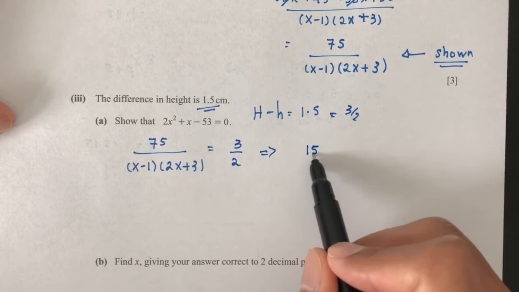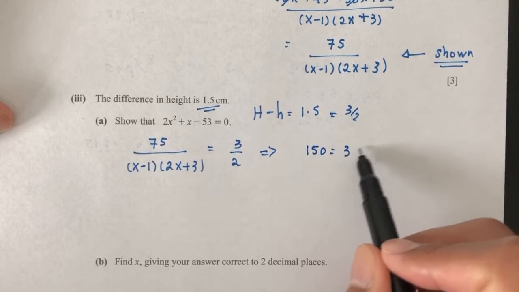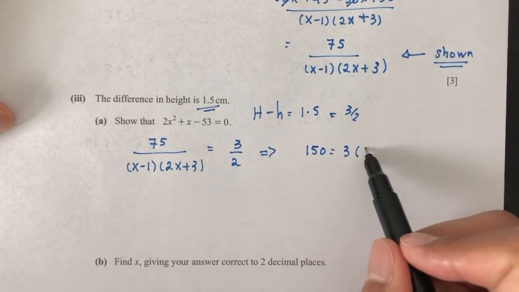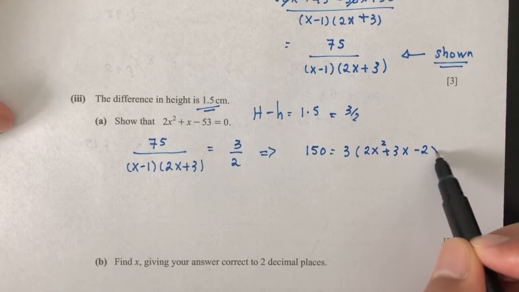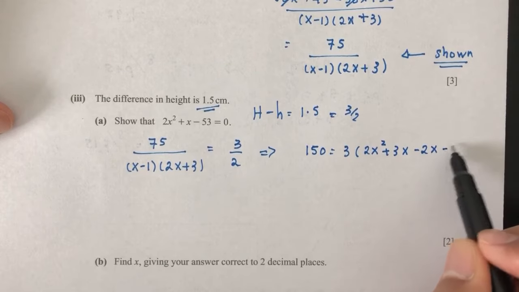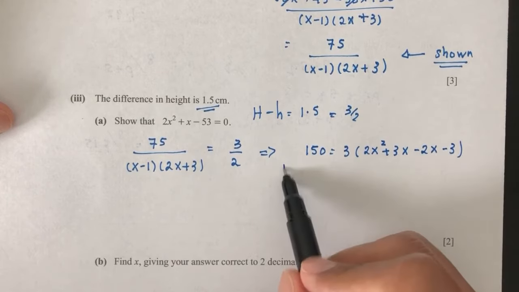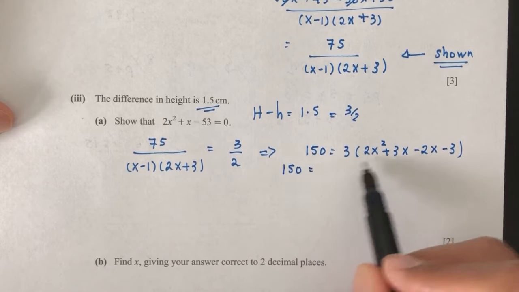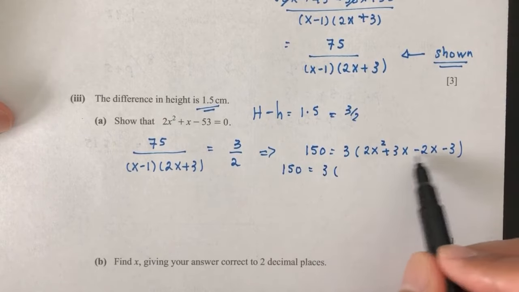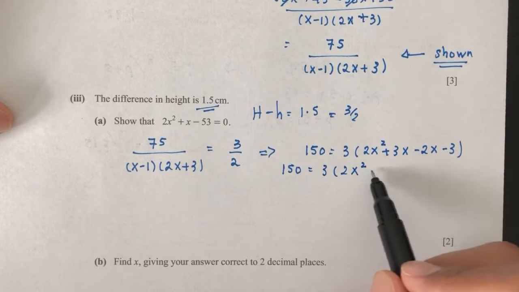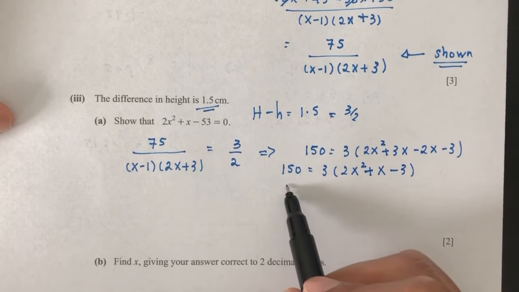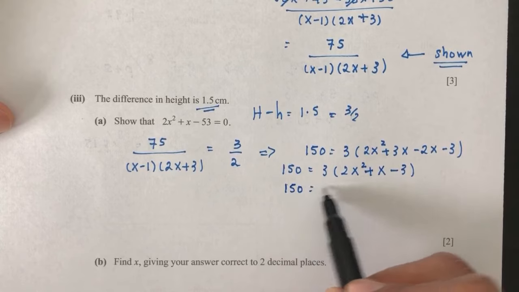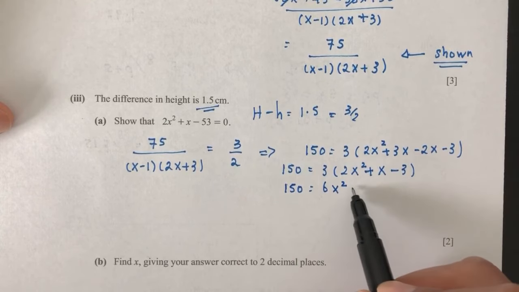We have 150 equal to 3 times. Expand the brackets, we have 2x squared plus 3x minus 2x minus 3. That will be 150 equal to 3 times. Let's simplify, we have 2x squared plus x minus 3. So 150 equal to 6x squared.